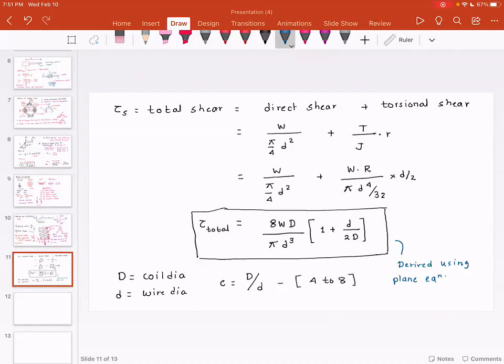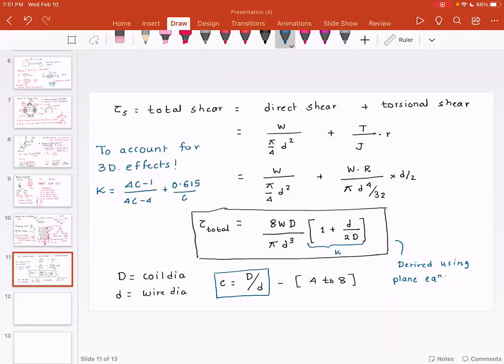So to account for 3D effects, because the load is actually going to be in 3 dimensions, they replace this factor by a factor K. K is called Wahl's factor, and that is given as 4C minus 1 divided by 4C minus 4 plus 0.615 divided by C, where C is equal to capital D by small d.